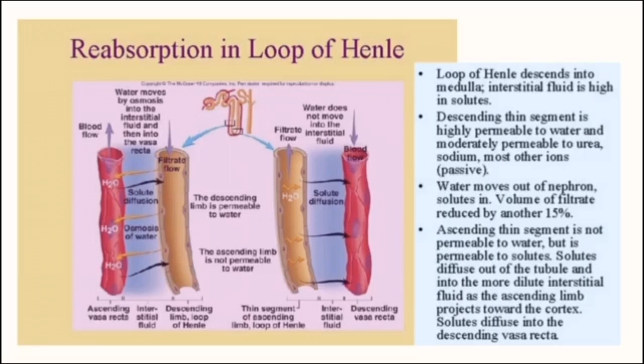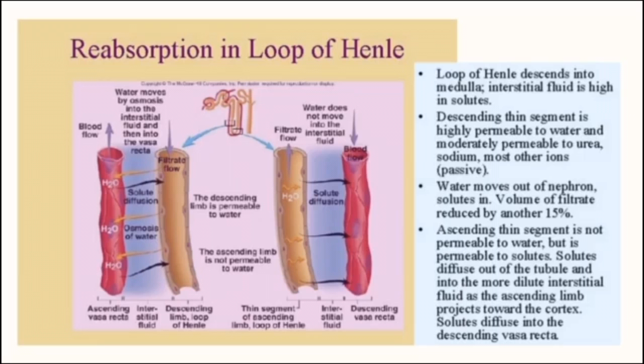So the water therefore moves by osmosis from the tubule into the interstitial fluid and into the vasa recta. An additional 15% of the filtrate volume is reabsorbed. To a lesser extent, solutes diffuse from the vasa recta and interstitial fluid into the tubule.